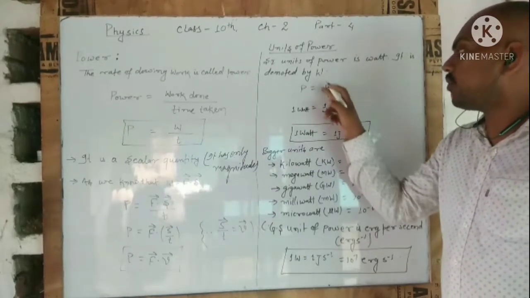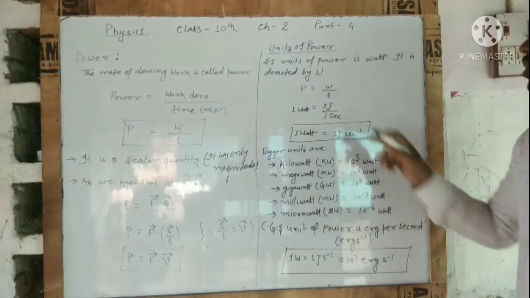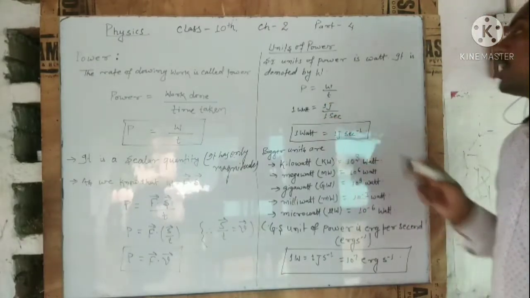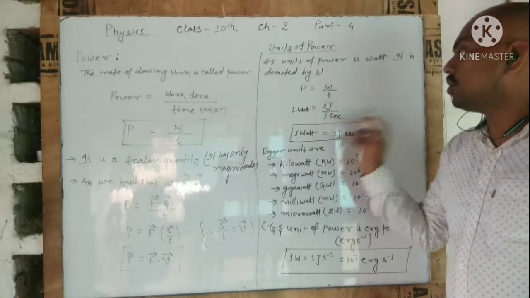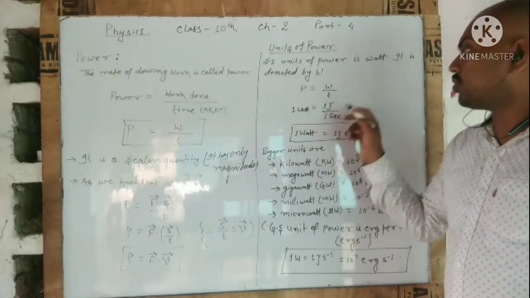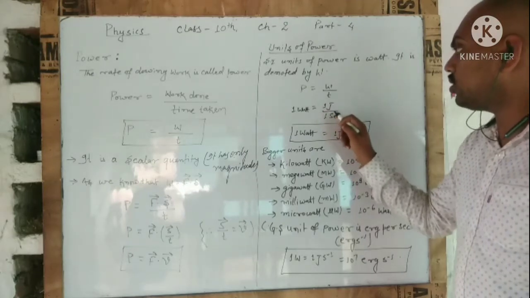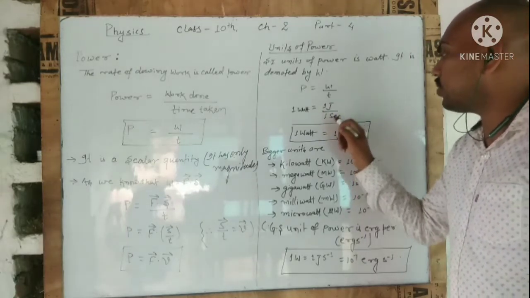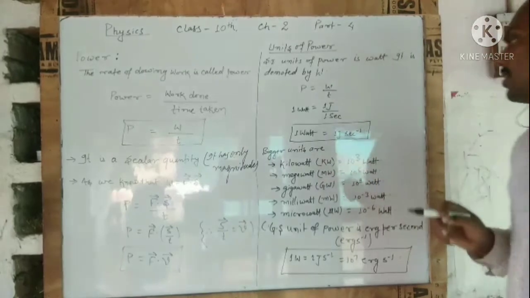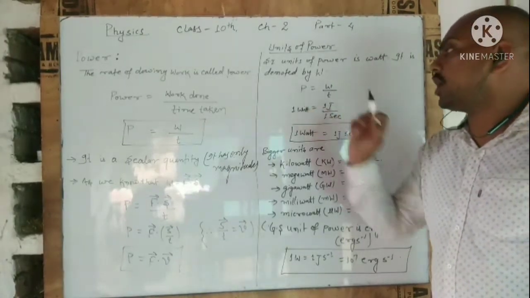The SI unit of work is joule, while time is second. That's why joule upon second, work done upon time, will become watt.